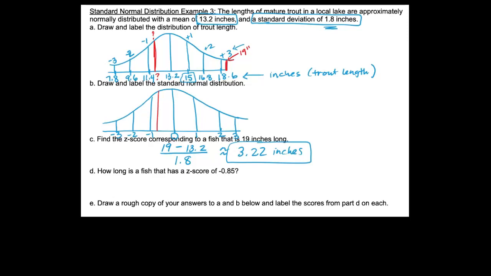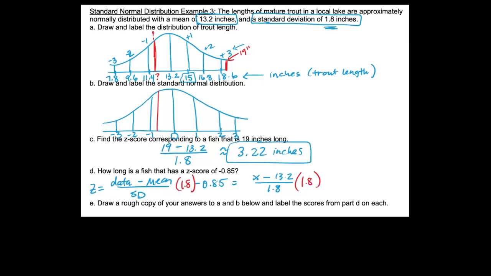So let's do a calculation using the formula and figure out how long this fish is and see if my estimate is right. So I'm going to take the formula z equals data value minus the mean divided by the standard deviation. So the z-score is -0.85 equals the data value, which is the length of the fish, I don't know, minus the mean of 13.2 divided by the standard deviation of 1.8. And then I'm going to solve that by multiplying both sides by 1.8.